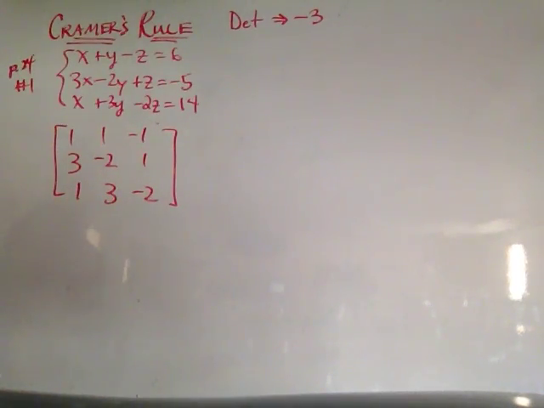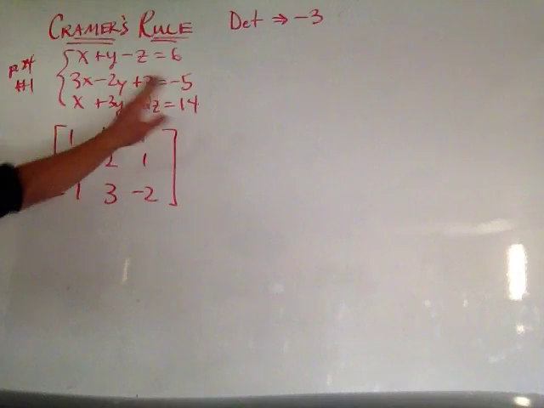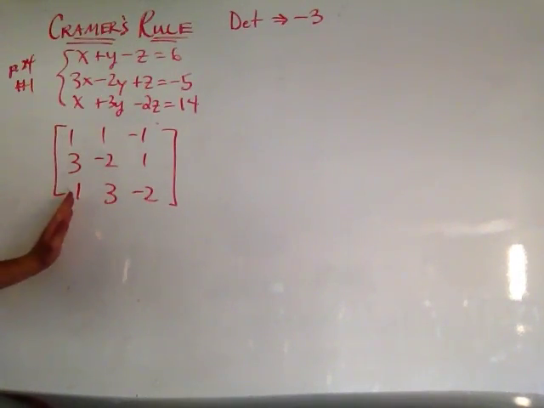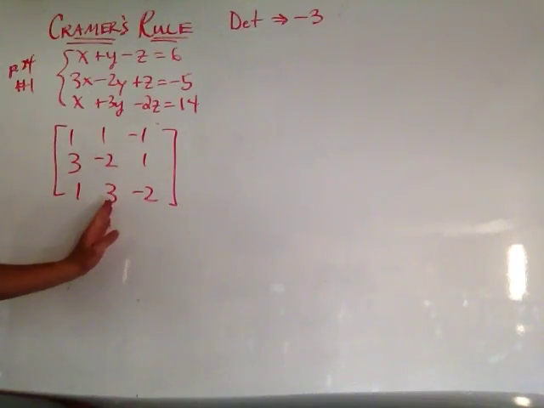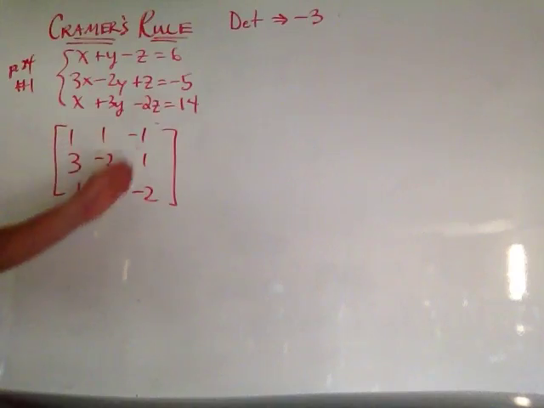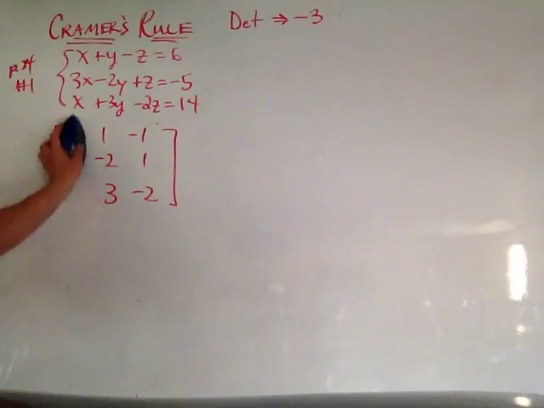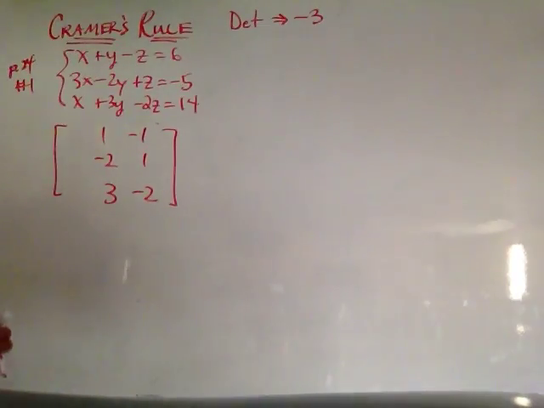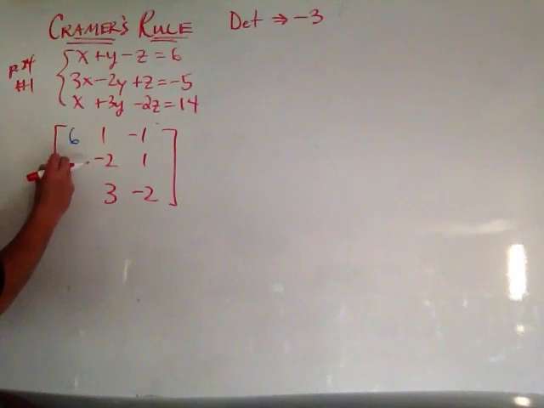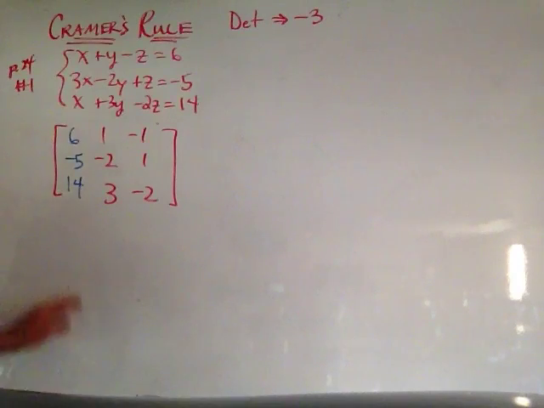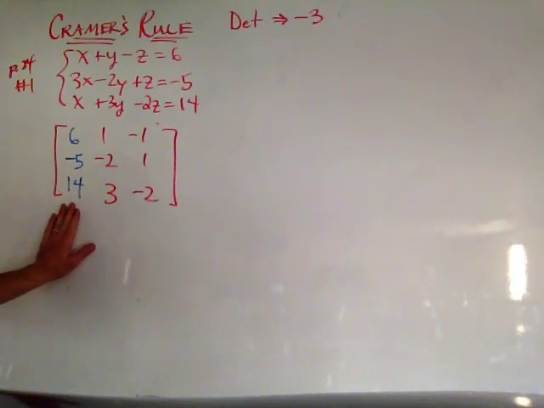We are going to take turns replacing each column with the solution column, find its determinant, and then replace the next column, find its determinant, and then the last column, and find its determinant. So let's find the x one first. So we erase the x values, and we replace them with the 6, -5, 14. Okay, this we're going to call the determinant with respect to x, because we've replaced the x column. And it's a 3 by 3 matrix, so we will go ahead and find the determinant.